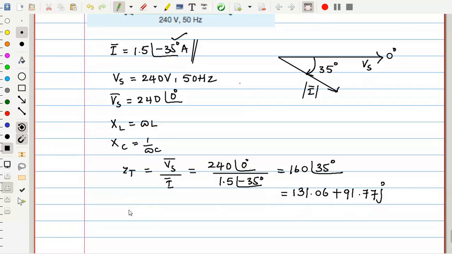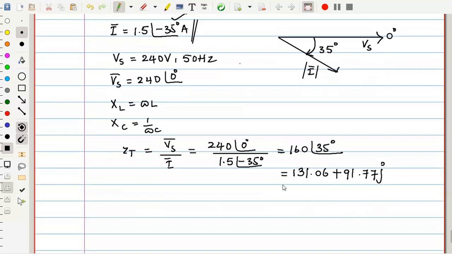Try to observe one important point here: we got the imaginary part as positive. What does it mean in an RLC circuit? ZT generally is equal to the resistive impedance R, inductive impedance jXL, capacitive impedance minus jXC.